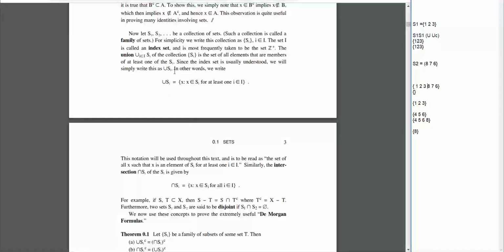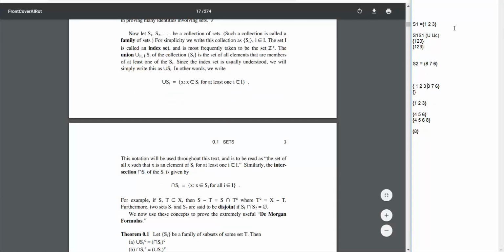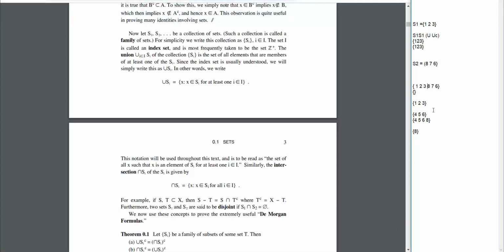So what they are saying is that if you have a set that is a union of other sets, then at least one of the sets is in the end result. Assuming S1 is 1, 2, 3, and S2 is an empty set, then at least one is in the end result.